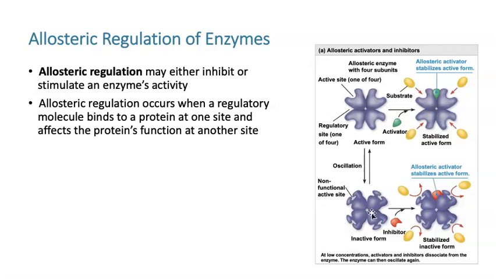So when it's in the inactive form, another molecule called an inhibitor comes along and it binds to this shape and holds it in that shape, so that even if there's all of these substrates around here trying to bind onto this enzyme, this inhibitor is stabilizing the inactive form, and it's not going to do the job that you might think it should be doing. But this is all important. The activator and the inhibitor are both very important for making sure that your body's doing what it needs to do when it needs to do it.